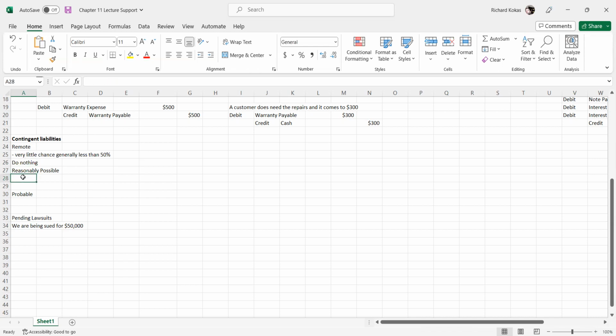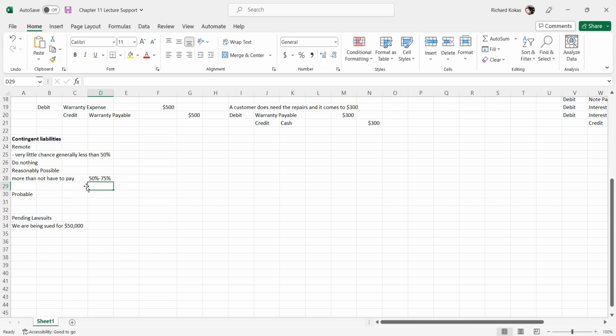Reasonably possible. Now, these last two, it gets a little gray. Reasonably possible means there's more of a chance we're going to have to pay than not. So really, okay, we're thinking anywhere from a 50% chance to maybe 75%, okay?